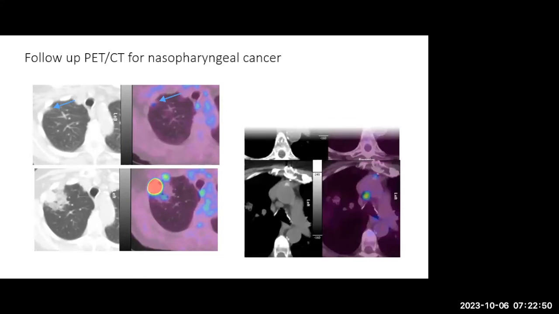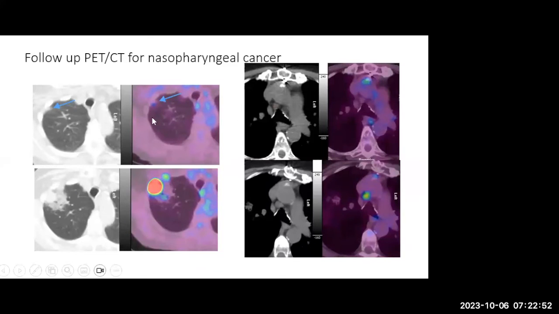Also, I want to show you the baseline scan on top, through the mediastinum. So this is here a precarinal node that didn't show uptake originally. These 4 rows are the first scan for follow-up. And then on the scan 3 years later, you can see how that lymph node enlarged, and now there is intense uptake.